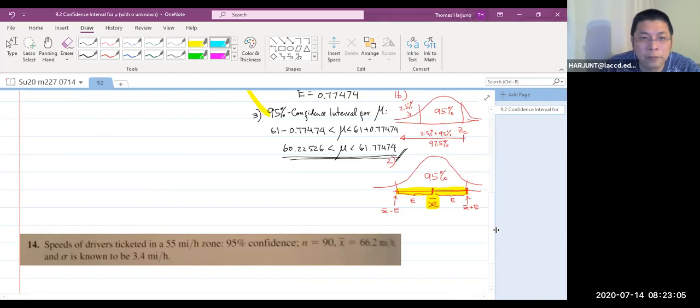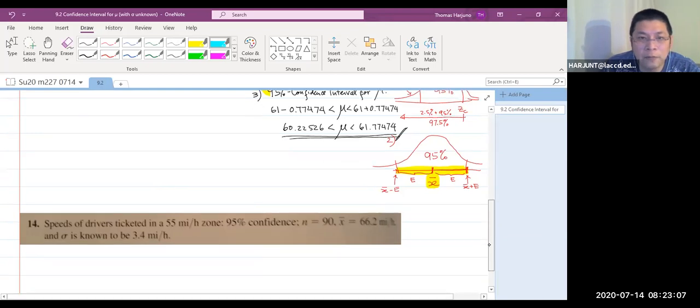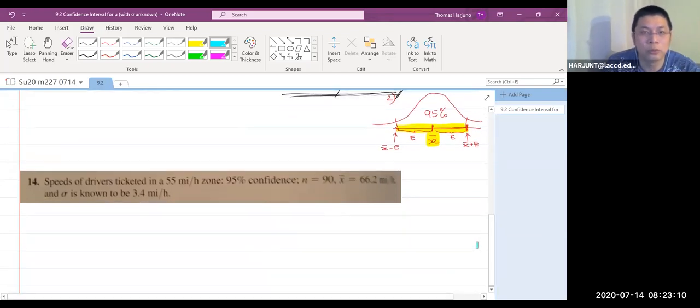Speeds of drivers ticketed in a 55 miles per hour zone, with 95% confidence level, and the sample size is 90. Once the sample size is more than 30, we don't need the underlying population to be normally distributed anymore, because the sampling distribution will be normally distributed.